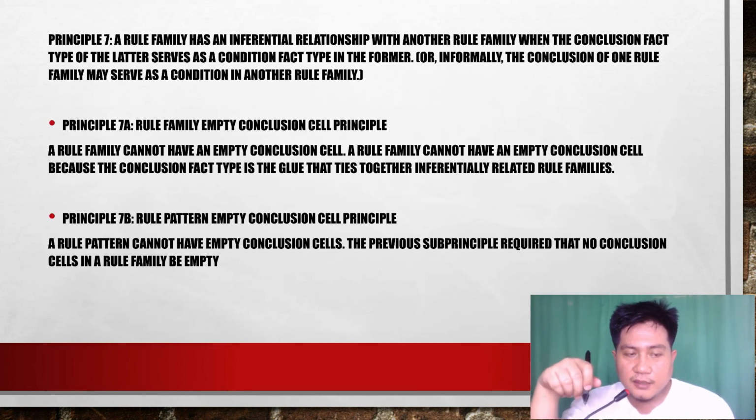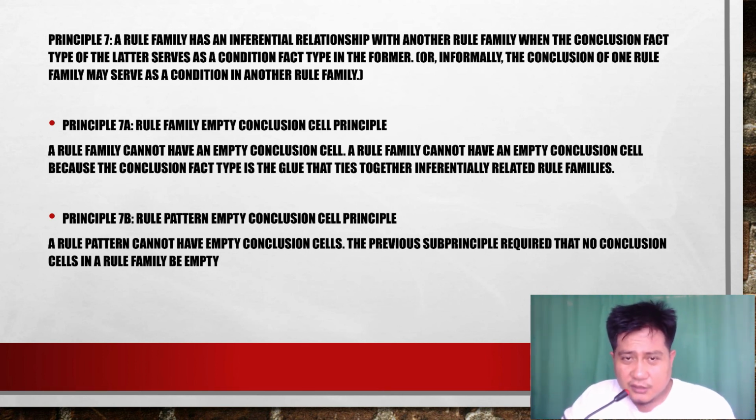Then the second sub-principle of principle 7 is the role pattern empty conclusion cell principle. So a role pattern cannot have empty conclusion cells. The previous sub-principle required that no conclusion cells in a role family be empty.